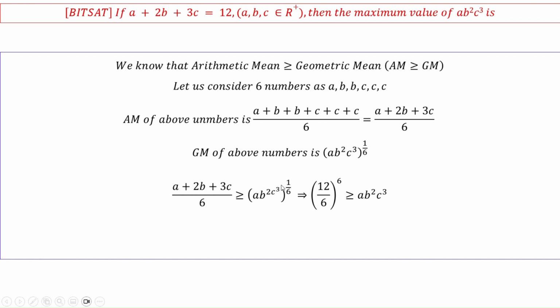Since a plus 2b plus 3c is 12, 12 by 6 is 2, so 2 to the power of 6 is greater than or equal to a b square c cube. That means the maximum value of a b square c cube is 2 to the power of 6, that is 64. Hope you understand this one.